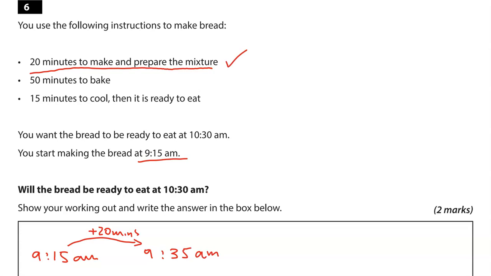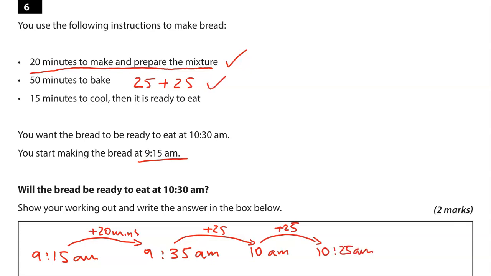Then it takes 50 minutes to bake, so I'm going to break down 50 into 25 and 25, because if I add 25 here, it will take me to 10 a.m. If I add another 25, it will take me to 10:25 a.m. and then 15 minutes.